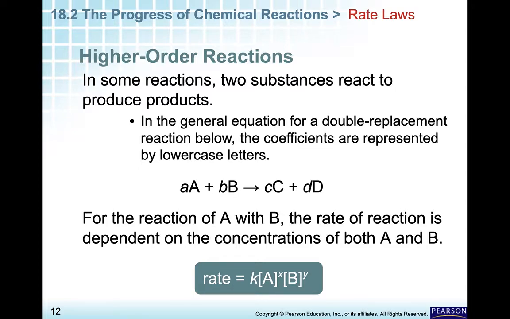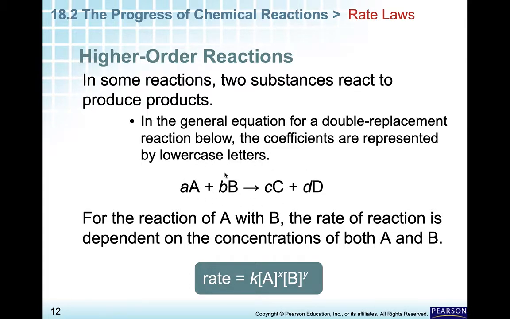We don't have to be limited to first order reactions though. We can have second or third order reactions or on to higher orders. This may occur, for example, if we have two substances in our reactants. In general, we could write this general equation for any chemical reaction.